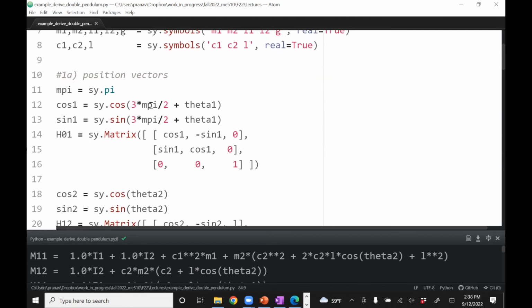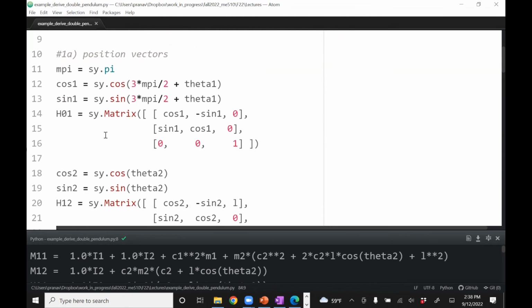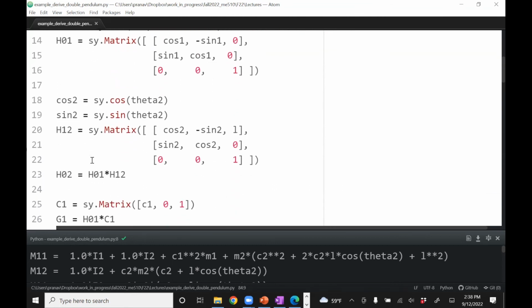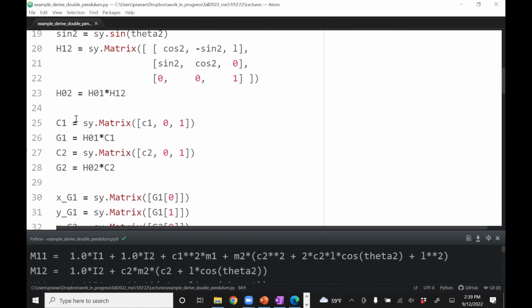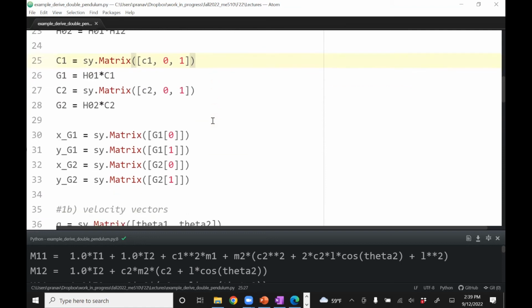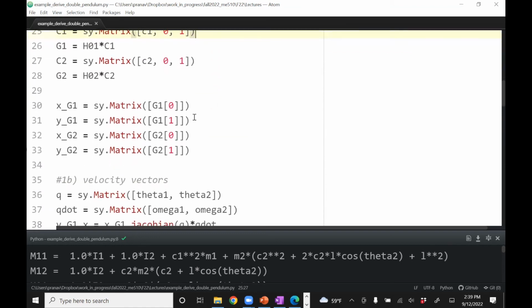You can see I did 270 plus theta, and then I got H01, H12 from my notes, C1, G1, C2, G2. The C1 is actually 010, and I think you can relate it once you see my notes. It's basically 010, 020, 021, and so on. XD1, YG1, XD2, YG2. That's the position. So this basically gives me the positions.